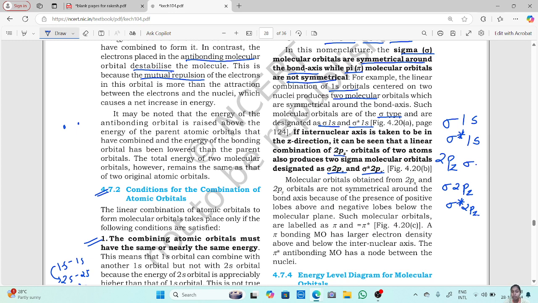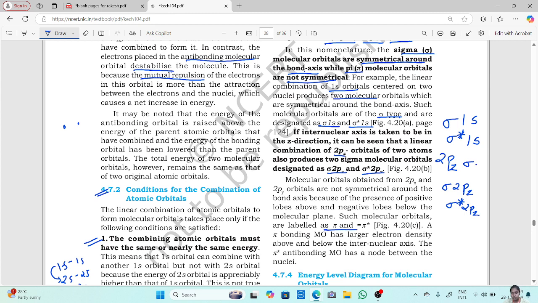Now the molecular orbitals obtained from 2px and 2py orbitals are not symmetrical around the bond axis because of the presence of positive lobes above and negative lobes below the plane. Now why 2px and 2py are not considered to be molecular axis is because they are non-symmetrical. Why they are non-symmetrical? Because both of these axes have the presence of a positive lobe above and a negative lobe below the molecular plane. Such orbitals are labeled as pi orbitals.